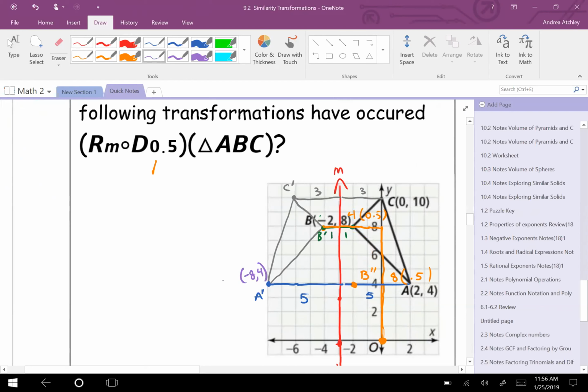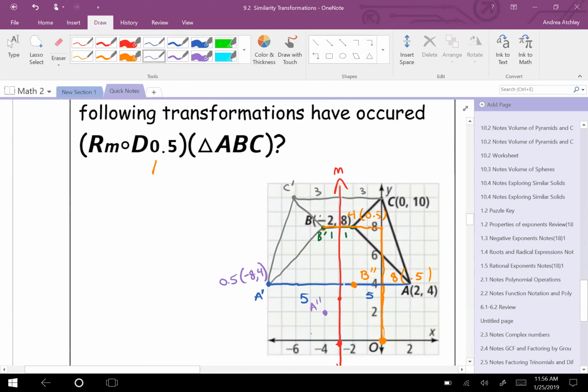Okay, so if I multiply that by half, or 0.5, what is my new ordered pair going to be? Very good. So I'm going to go where -4 and 2 is. That's going to be A double prime. Does that make sense?